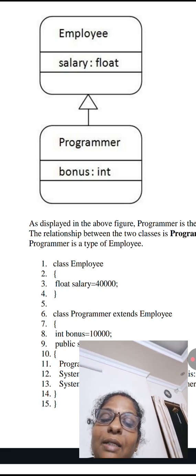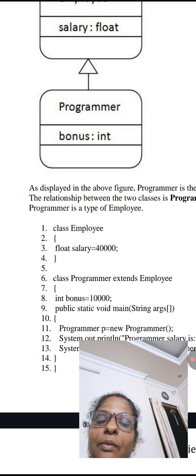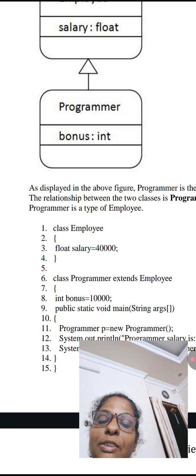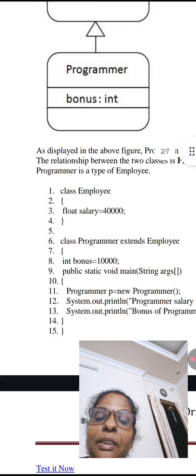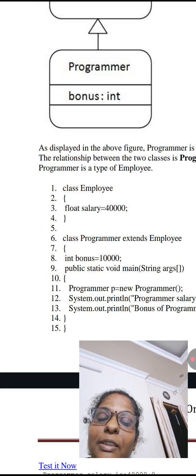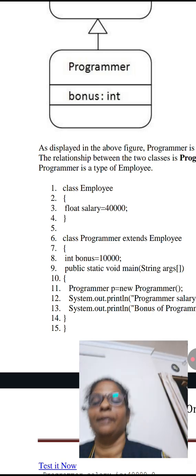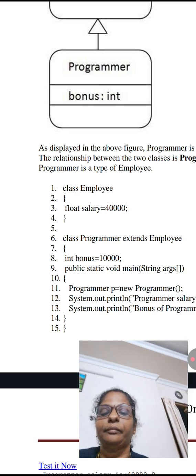From that class we extend Programmer from Employee, so we can use the same attribute salary. Then in the main function we create a new object, and based on that we call that particular function or class or subclass.